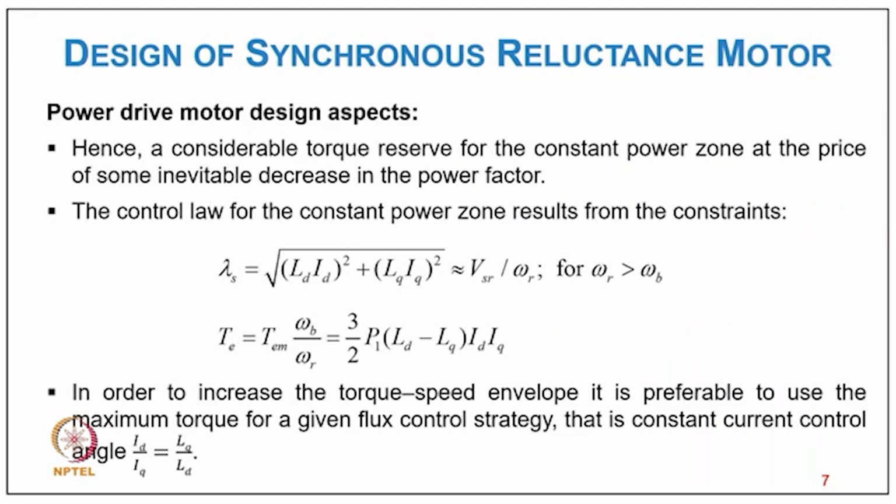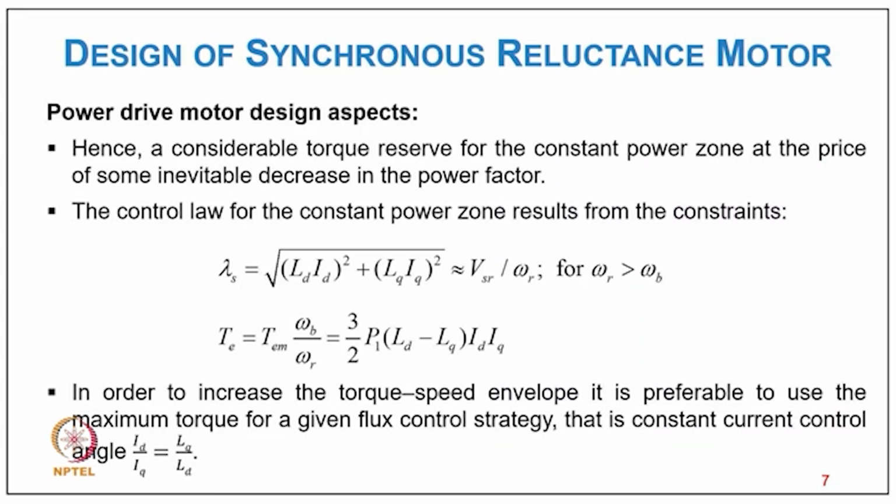Hence, a considerable torque reserve is available for the constant power zone at the price of some inevitable decrease in the power factor. So, the control law for the constant power zone results from the constraints: lambda is square root of (Ld Id squared plus Lq Iq squared), approximately equal to Vs upon omega r, for omega r greater than or equal to omega b, and T equal to Tm omega b upon omega r, that is 3 by 2 p1 (Ld minus Lq) Id Iq.